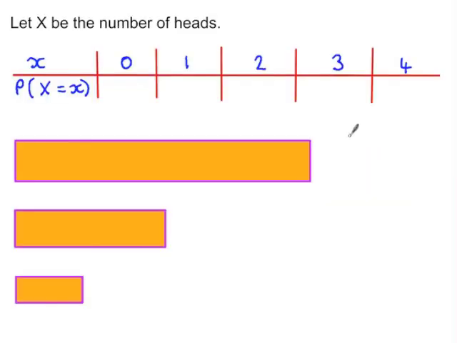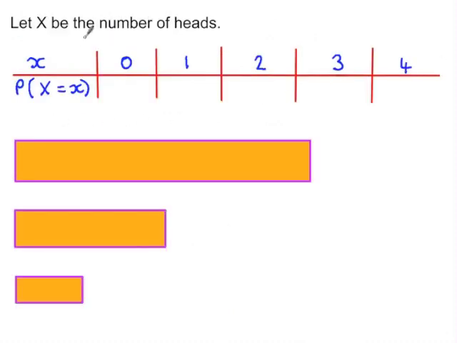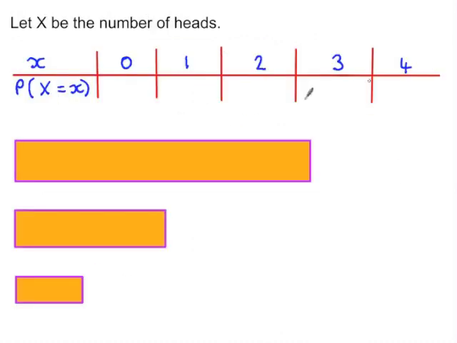Now imagine that we're dealing with a biased coin, or a situation like in the surprise test where p and 1 minus p take different values. So it could be 0.6 and 0.4 or 0.2 and 0.8. Now the probability of throwing 0 heads in terms of p is (1 minus p) to the power of 4.